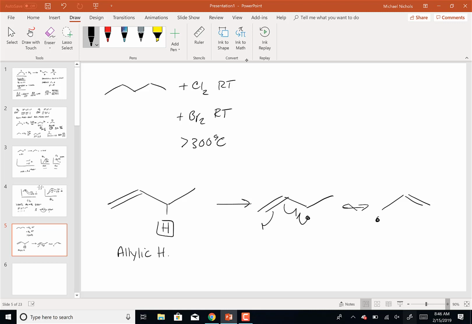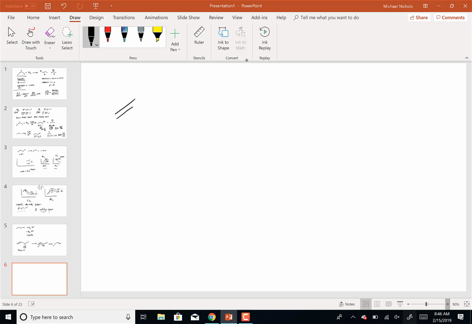So what does that mean? That means that if I took this molecule and I said, I want to react this with bromine and light, what product would I get?